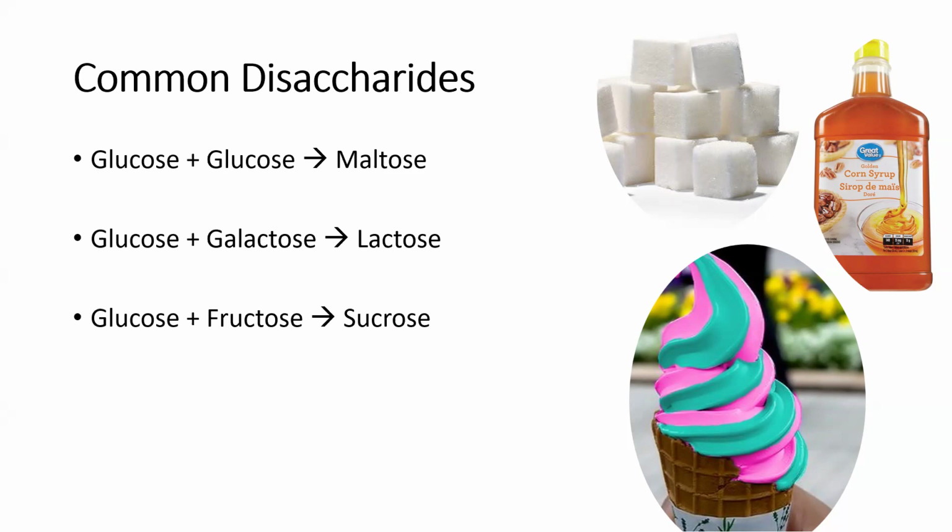It's a very thick, viscous, almost toffee and caramel kind of texture. Glucose plus galactose gives you lactose. It's easy to remember because the name has lactose in it. And finally, glucose plus fructose gives you kitchen sugar, which is sucrose.